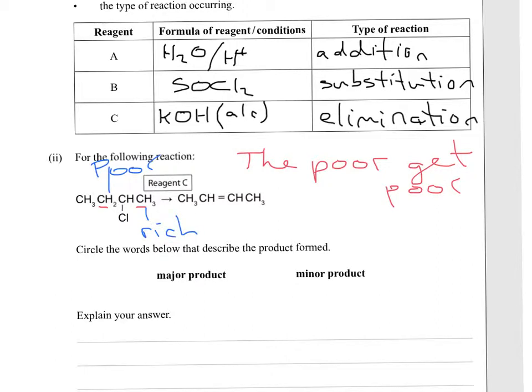So the poor one is going to get poorer, or it's going to lose its hydrogen for the majority of the reactions that take place. Let's say we've got 1,000 of these reactions taking place. The majority of the time, the molecules will lose the hydrogen from the poorer one. So this one is following the rule, the poor get poorer. This is the major product, because the poor one got poorer.